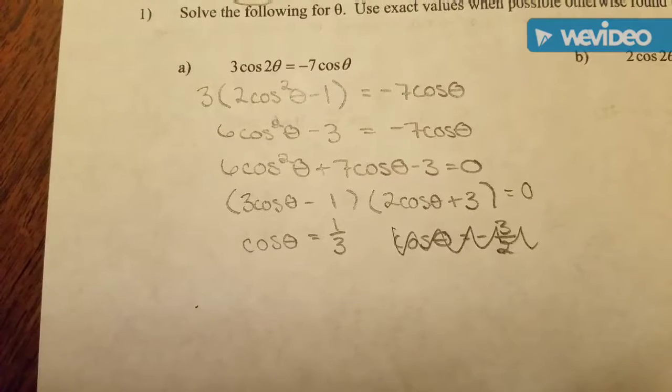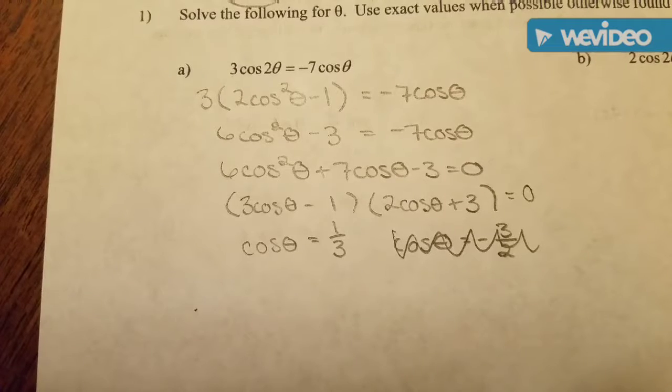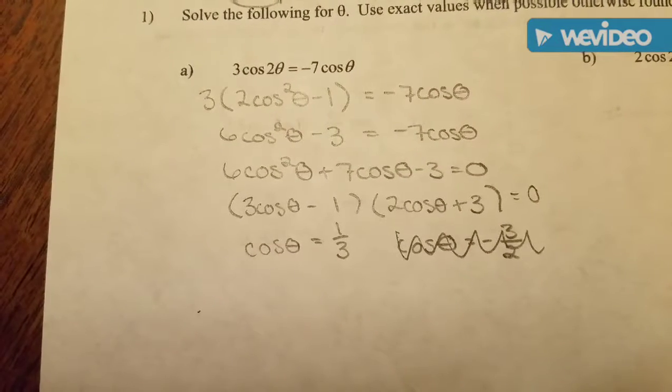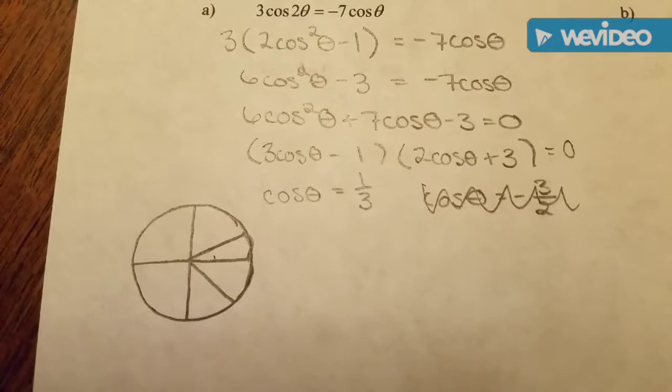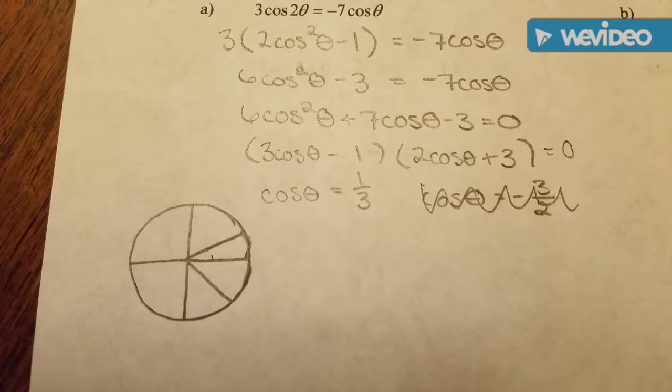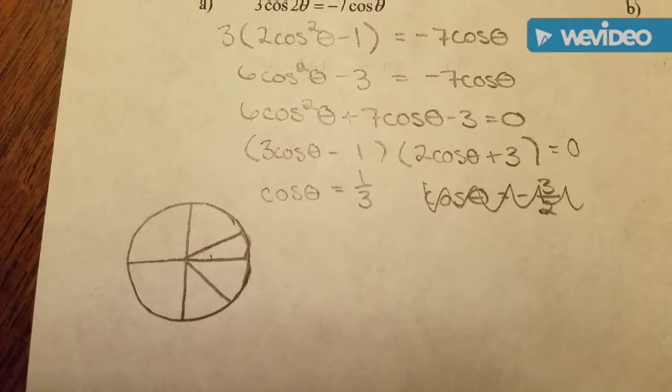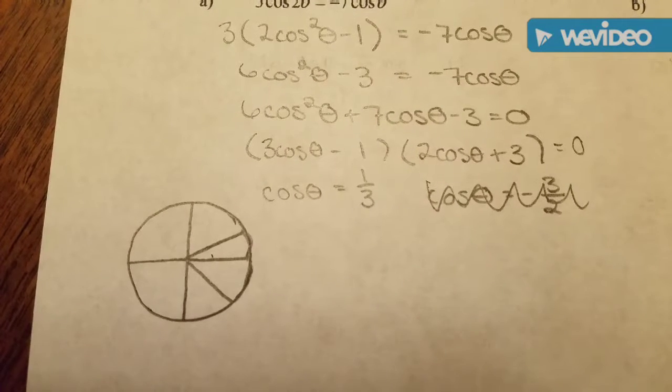Let's first use a unit circle to draw our double angle, and then we'll go to our calculator. Here's our unit circle, and since cosine is positive, our values are going to be in the first and fourth quadrant.